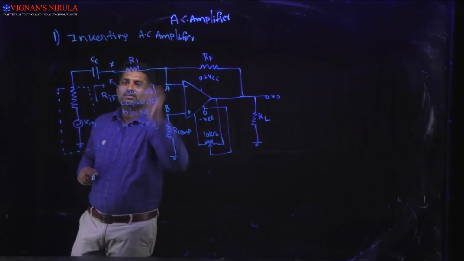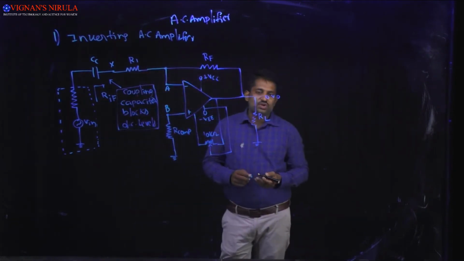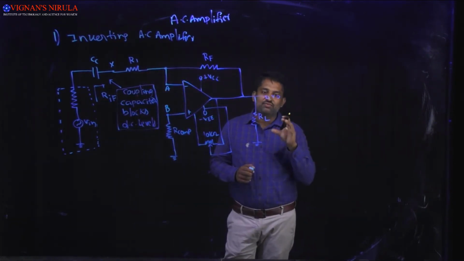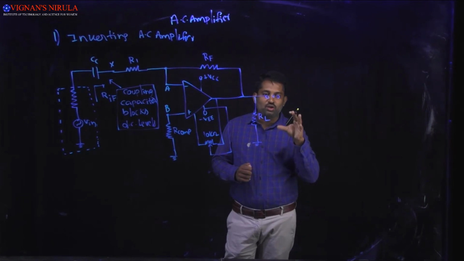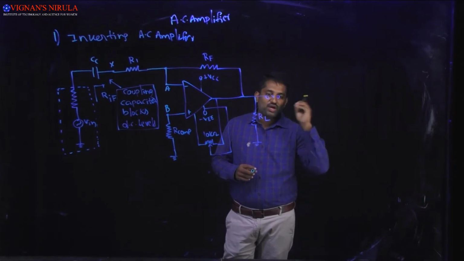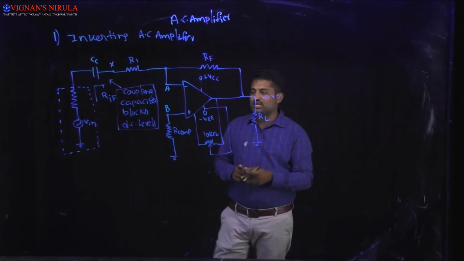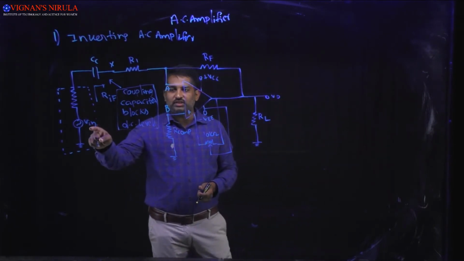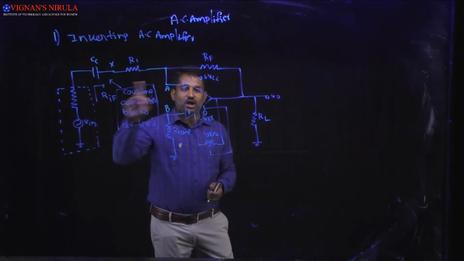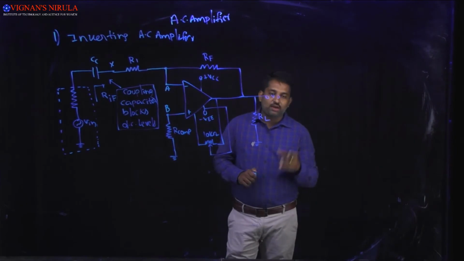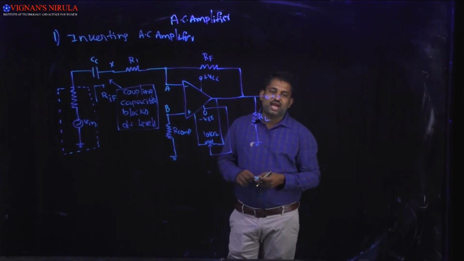I think you all know well why we call an op-amp an inverting op-amp and why we call it a non-inverting op-amp. In this case, we are applying the input at the inverting terminal of the op-amp. That's why I am treating it as an inverting AC amplifier.